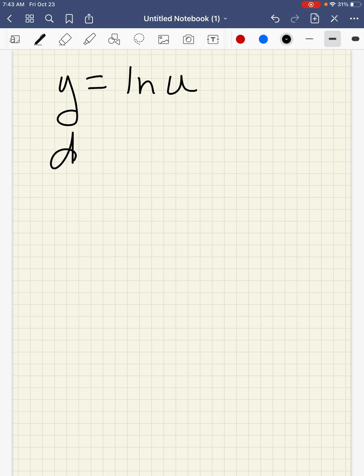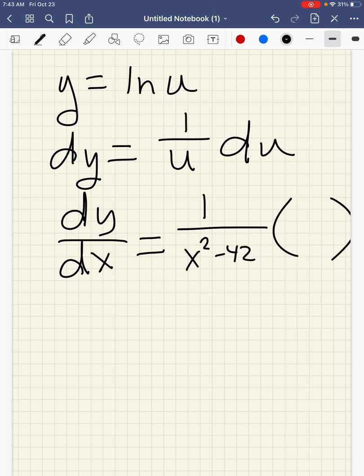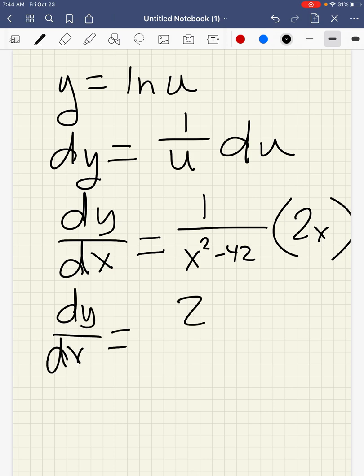So then dy will be equal to 1 over u du. And plugging back in the u and the du, we get dy over dx is equal to 1 over (x squared minus 42) times the du, which was 2x. So we can just write that together as 2x over (x squared minus 42).